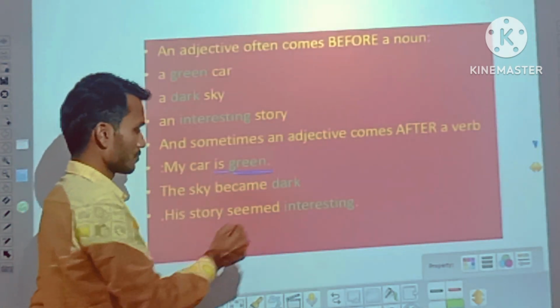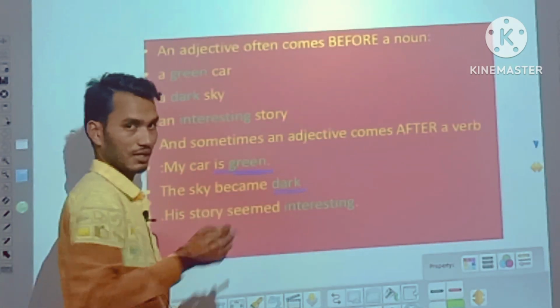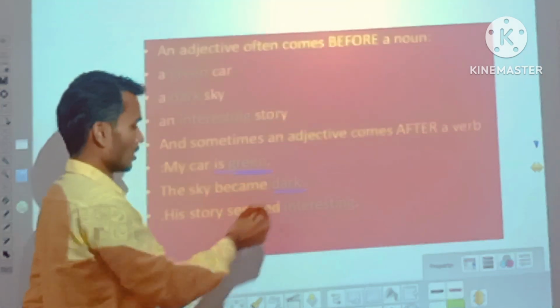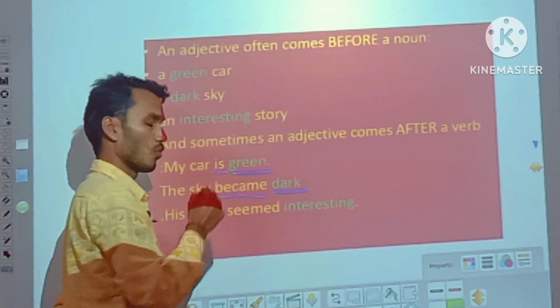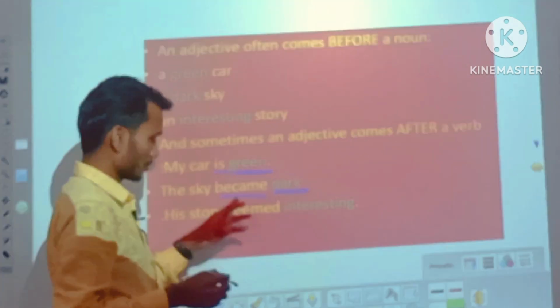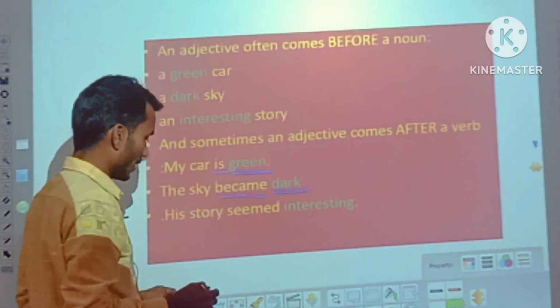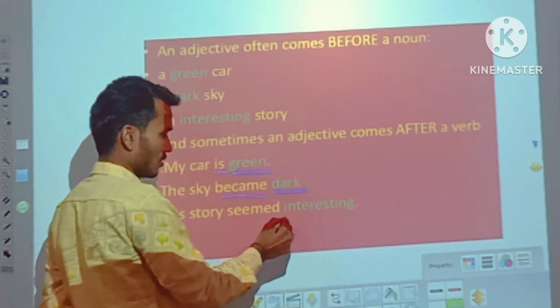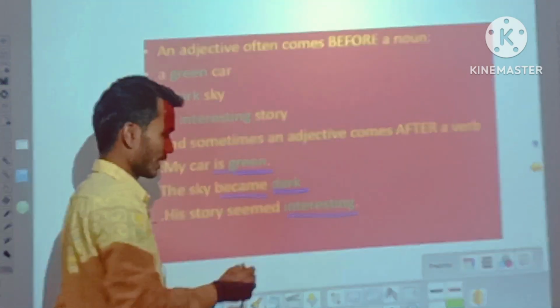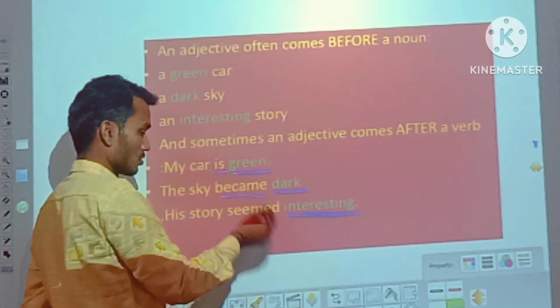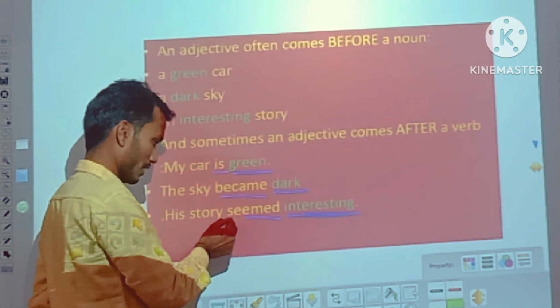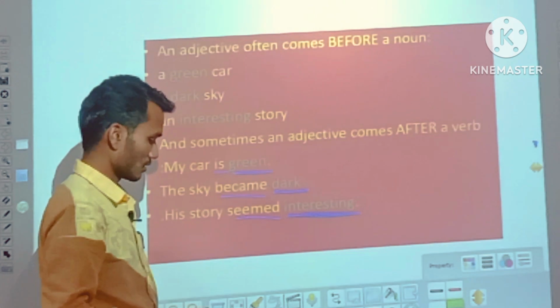Then the sky became dark. Here dark is an adjective which comes after the verb became. Then his stories seemed interesting. Here interesting is an adjective which is used after the verb seemed, right?